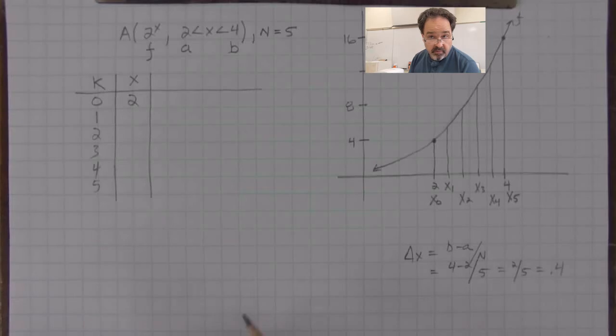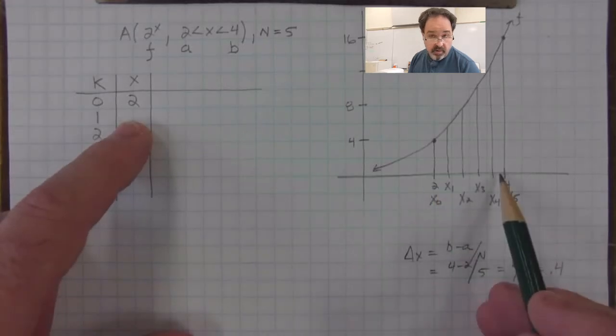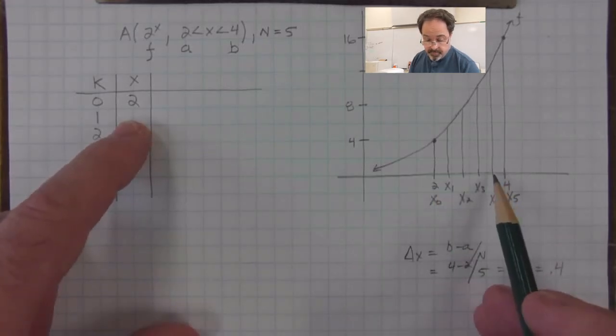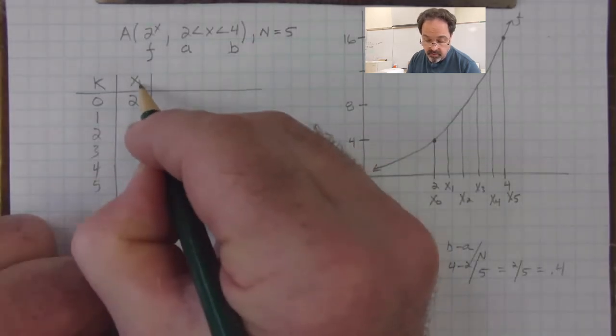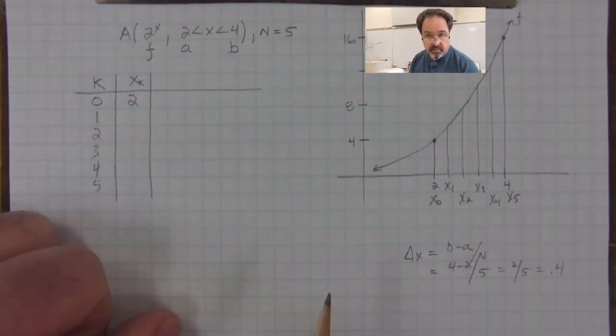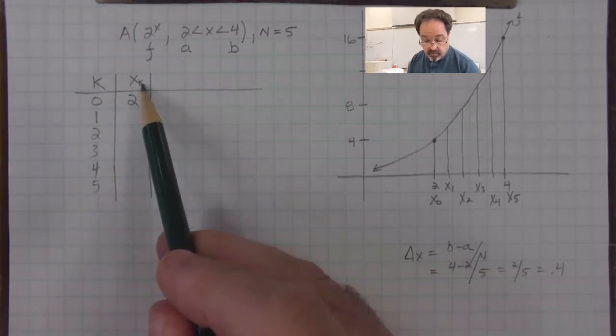Each k value pertains to a specific domain value x. So I could more precisely label this column x sub k. So x sub 0 is 2.